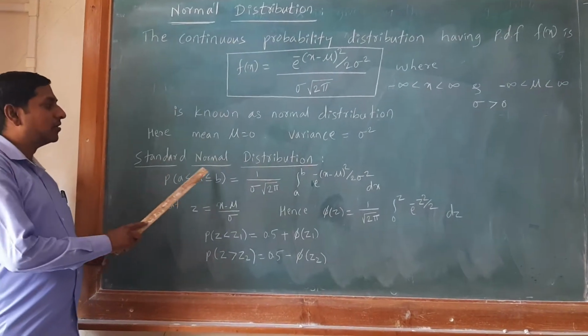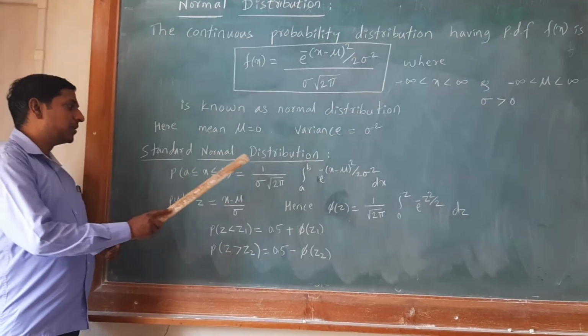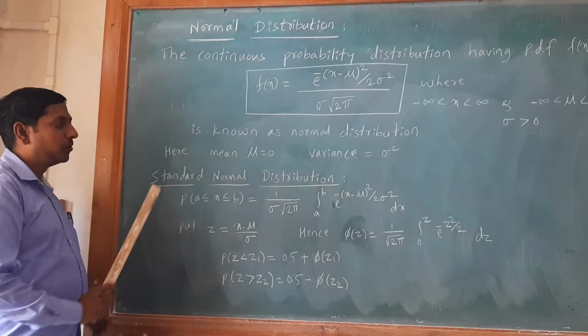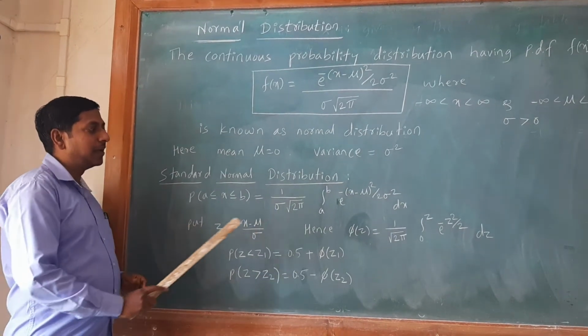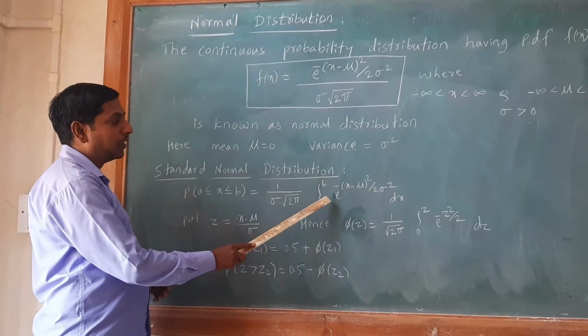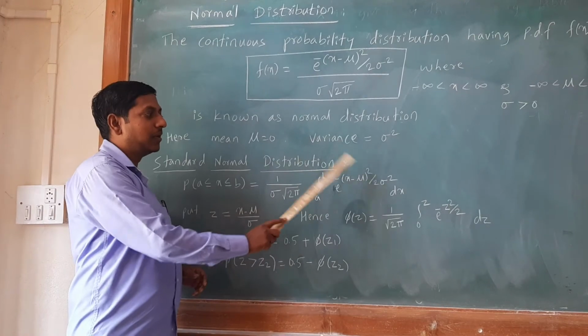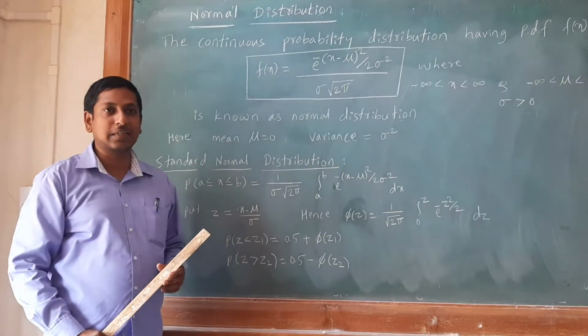Then the standard normal distribution. In the standard normal distribution, the value of x belongs to the interval a to b: 1 divided by sigma into square root of 2 pi, integration a to b, e to the power minus of (x minus mu) square whole divided by 2 sigma square, into dx.